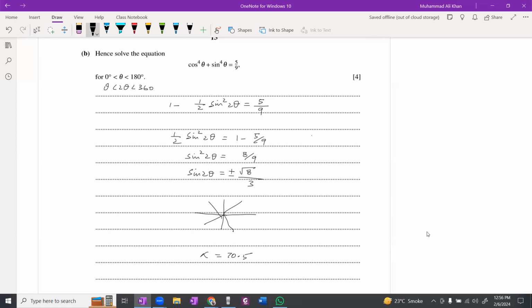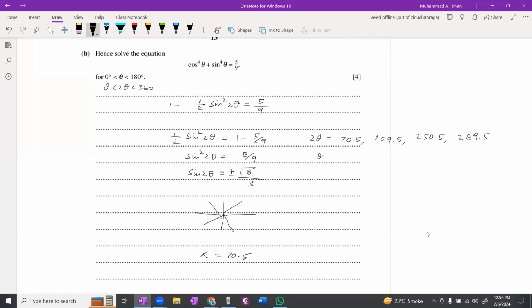Now, what is the first angle? The first angle will be 70.5. The second angle will be 180 minus 70.5, 109.5. The third angle will be 180 plus 70.5, 250.5. And the fourth angle will be 360 minus 70.5, 289.5.